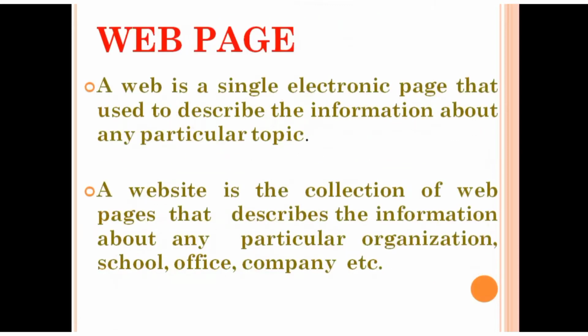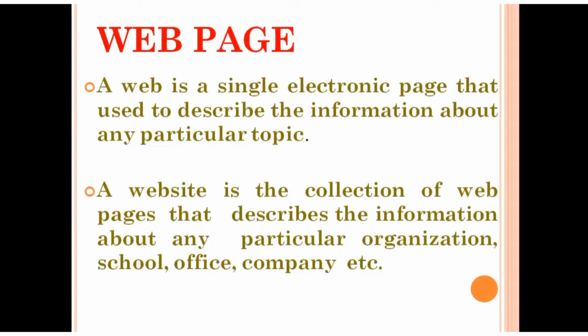So a web page is a page that contains all the information about a single topic. If a user searches for what is a computer, what is HTML, what is HTTP, or any term on the computer, then the result that is shown on that page is called a web page.